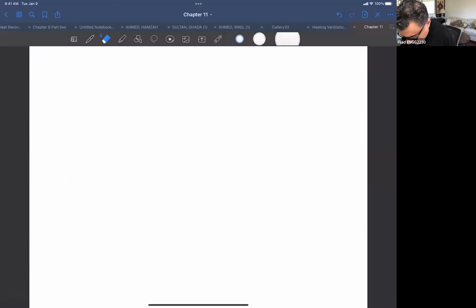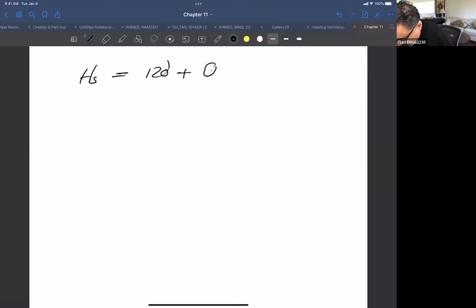So for example, here H system is H static total, which is 120 feet, plus all the values here times Q squared. And then I can put all the stuff here. So this is 0.03, f, times L, which is 1500 feet.